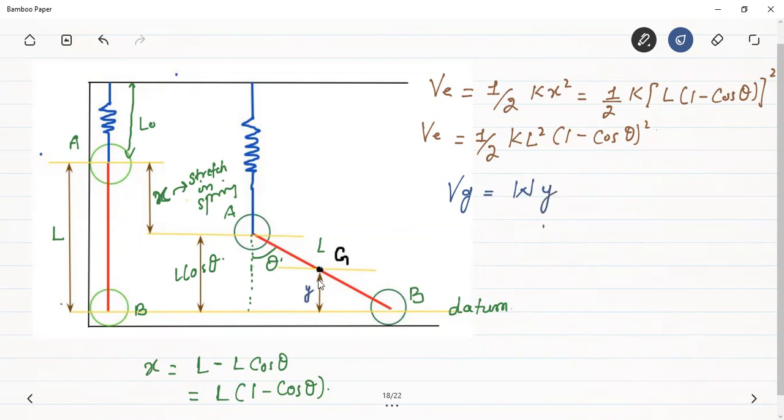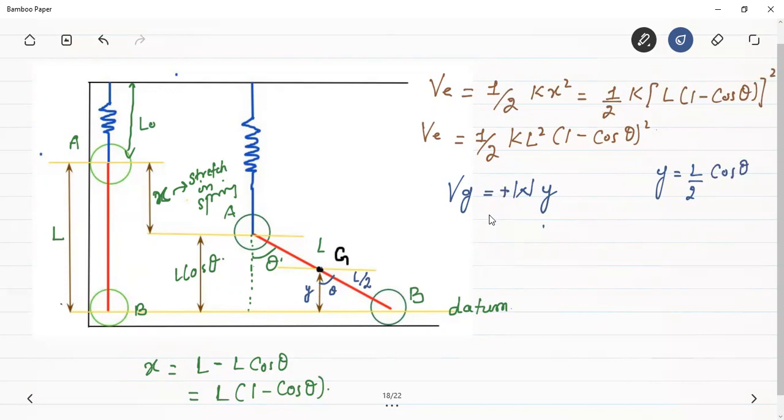This center of gravity is lying above the datum, therefore the potential function will be treated as positive. One can clearly see from this figure that this angle will again be equal to theta, and this BG distance is equal to L by 2. Therefore, from the right-angled triangle, y is equal to L by 2 cos theta.